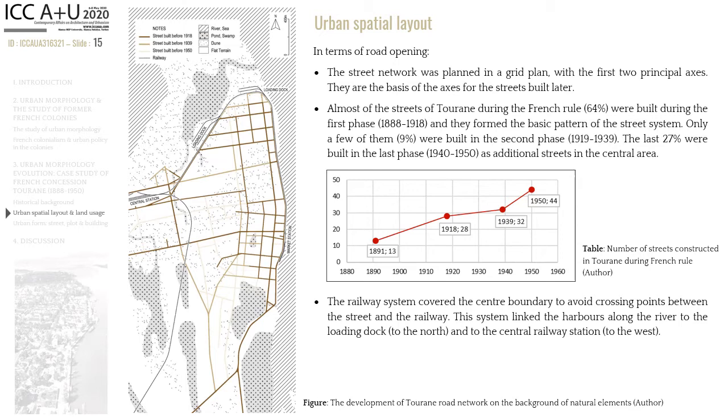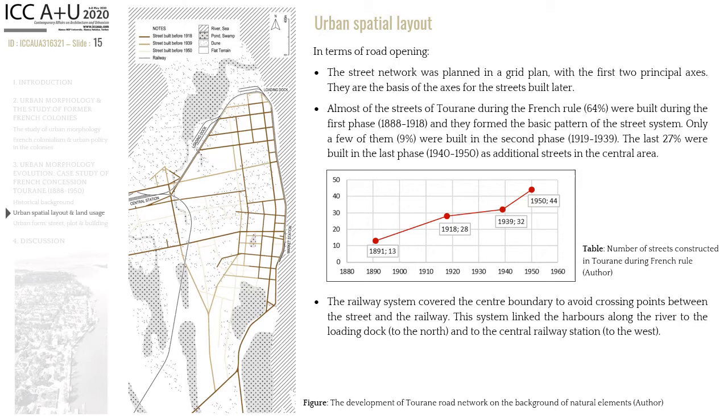Almost all the streets of Tourane during the French rule, 64%, were built during the first phase, and they form the basic pattern of the street system. Only a few of them, 9%, were built in the second phase. The last 27% were built in the last phase as additional streets in the central area.